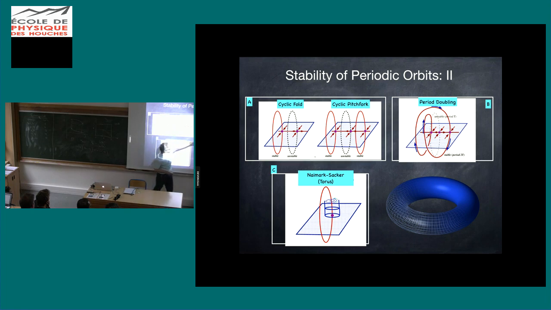You have a period doubling where you have a doubling of the period, and then this is what is called the Neimark-Sacker bifurcation. You get a torus, and so you have a motion which is the periodic orbit originally, and then you get a motion which is spiraling along the torus. So you see when the system gets more time variability, the geometrical objects get also more complicated. Yeah, but still a torus, you can still imagine how that looks like.